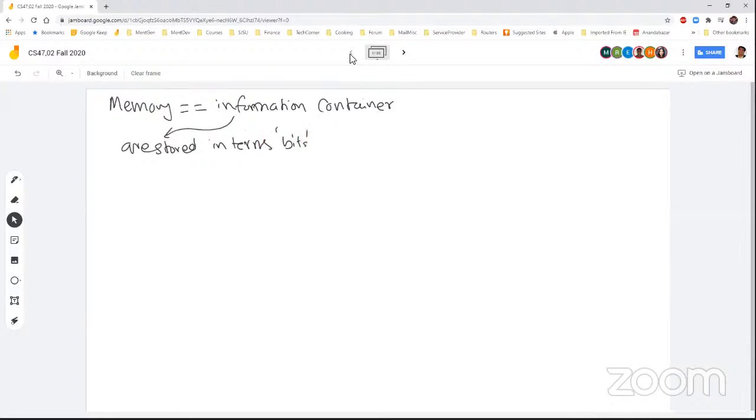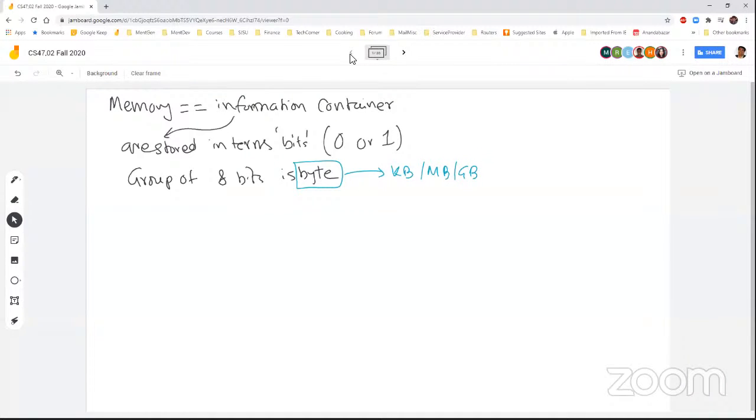Single bits, one bit, 0 or 1, stored electrically inside it. A group of 8 bits is called a byte. This is the unit we more frequently deal with, the byte and its successors like kilobyte, megabyte or gigabyte.